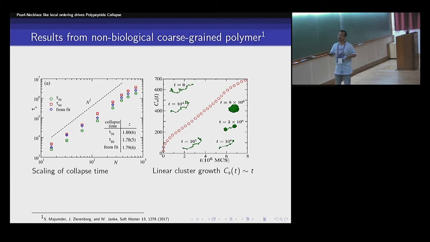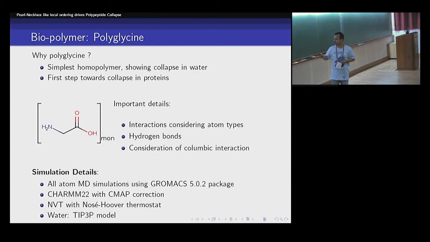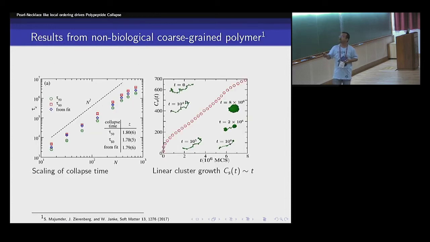There we explored the scaling of the collapse time as a function of the polymer chain length, which shows scaling with a dynamic critical exponent close to 2, which one can compare with the corresponding equilibrium scaling of the relaxation time with an exponent z equal to 2, known from the Rouse dynamics.